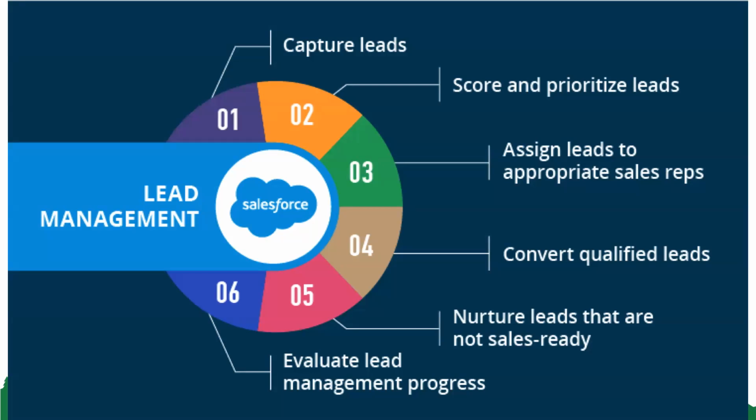Again, after the lead is qualified and converted, if you have 20 leads, and one person can deal with one lead at a time, then you have to identify which leads are ready for immediate sale, and you can prioritize that. Again, after reaching the leads, if you identify they are not ready for sale, then you can mark it not sales ready.